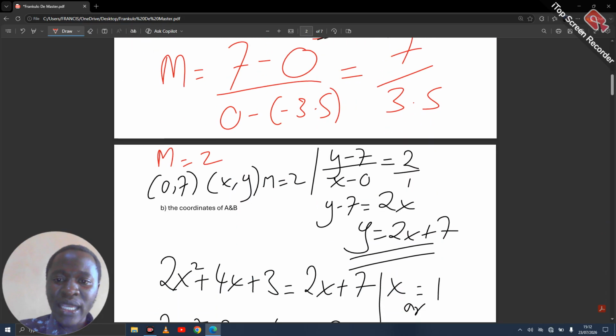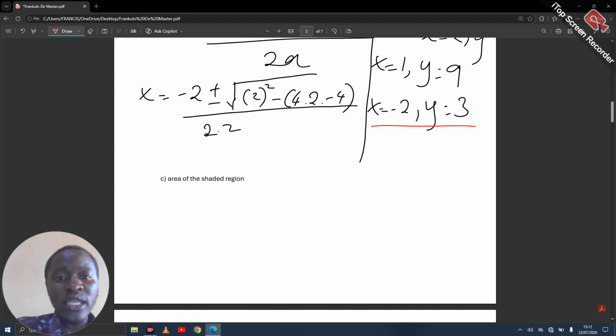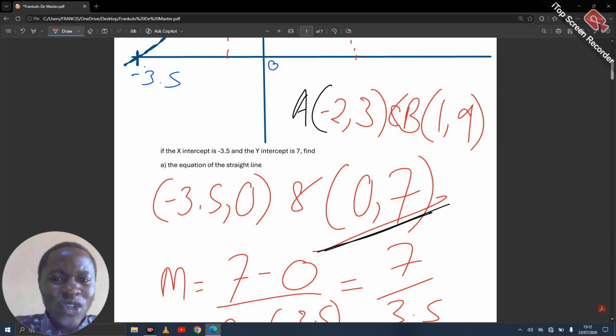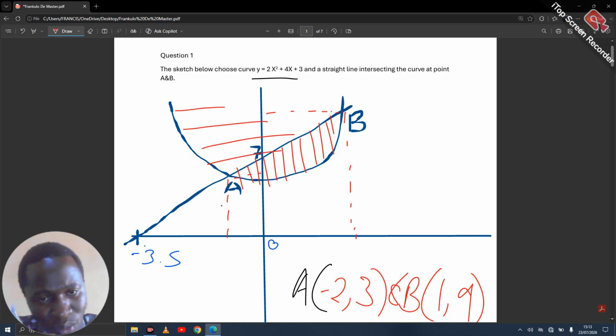So we shall have something like this. The equation of the line was 2x plus 7. Then you subtract. Remember, the shaded part is just a section. If we were to get the area of this whole curve, it would be from this point to that end point, even the part covered.